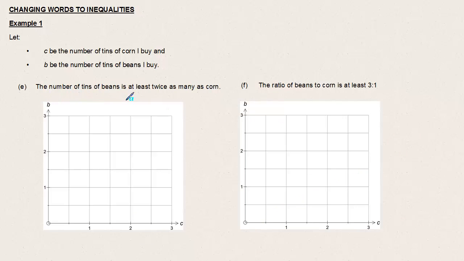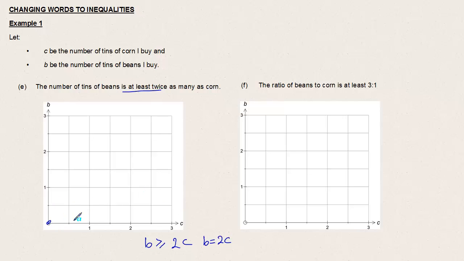The number of tins of beans is at least twice as many as corn. So corn is C, twice corn is that, and B has to be at least that, so greater than or equal to. And the boundary line would be B equals 2C. So if C is 0, B is 0.